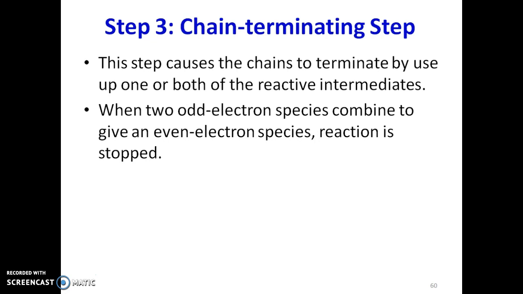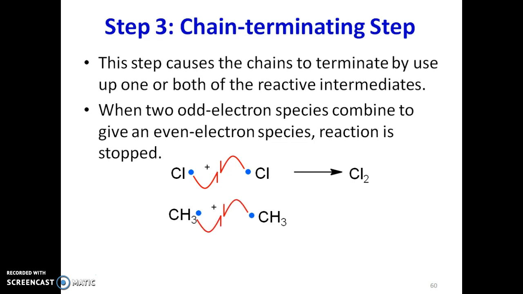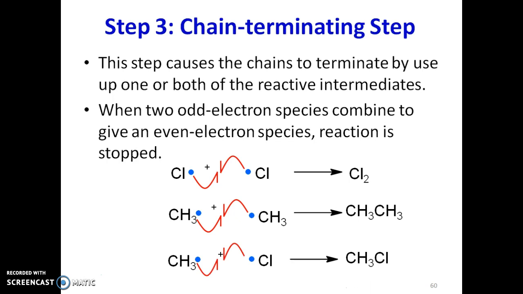So if we have two types of free radical produced, it means that we have three possibilities of chain terminating step: Cl free radicals meet together to form Cl2, or CH3 free radicals meet together to produce C2H6, or CH3 free radical and Cl free radical meet together to form CH3Cl.